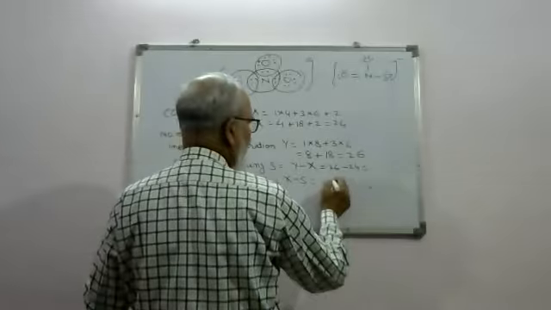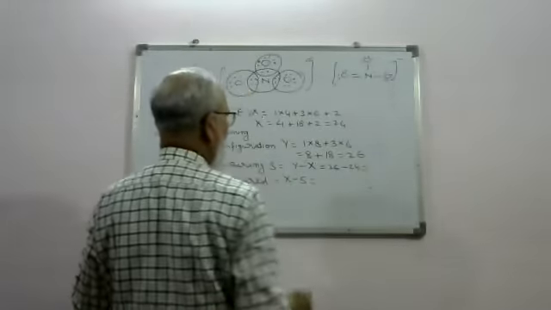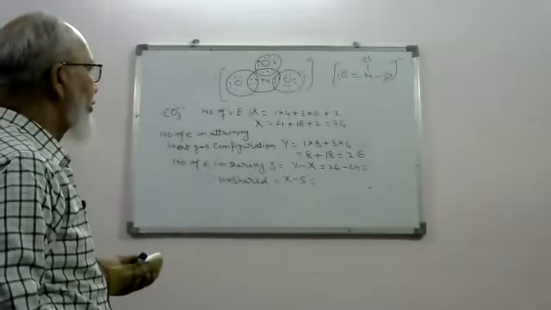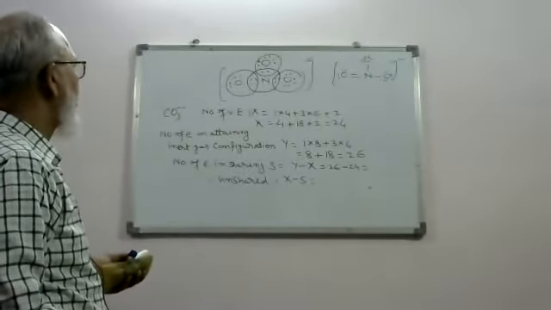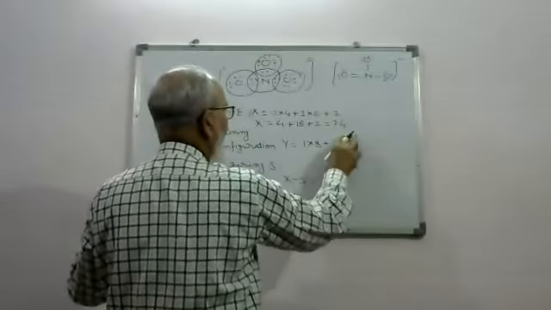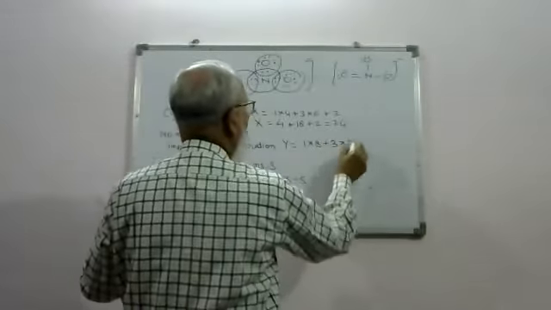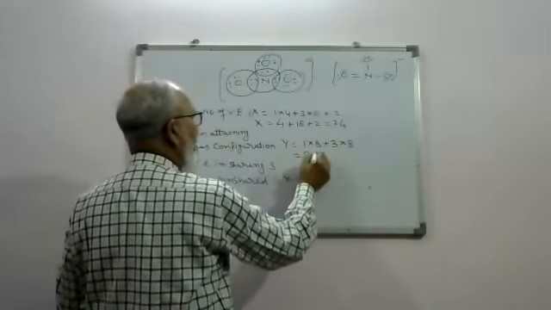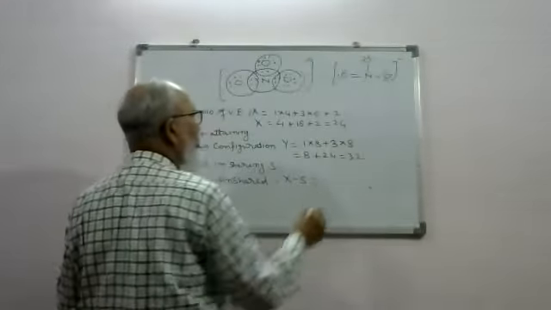Sorry, here it will be 1 into 8 plus 3 into 8. 8 electrons will be required. This will be equal to 8 plus 24 is equal to 32.